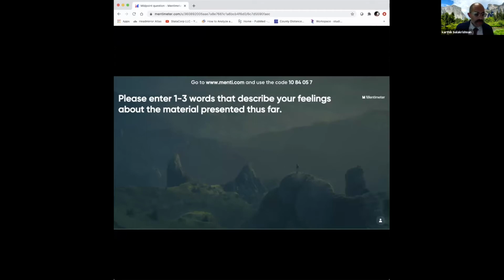So it says, please enter 1 to 3 words that describe your feelings about the material presented so far. And you can be totally honest about this. You can say you're excited, you can say you're offended, you can say you're depressed, you can say whatever you want, because this is all totally anonymous.